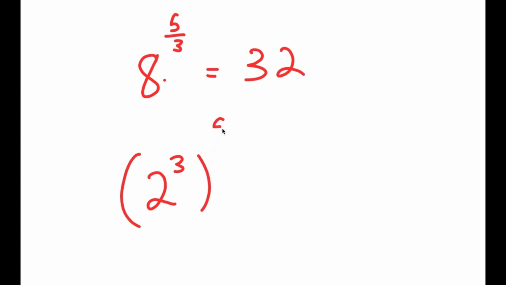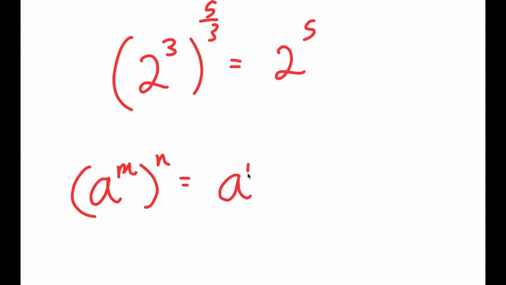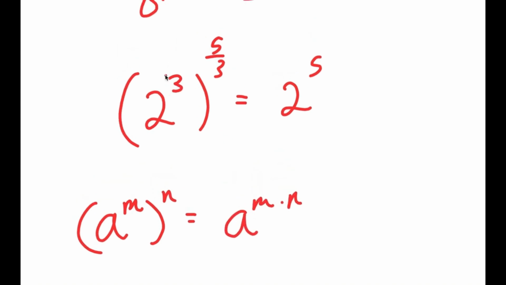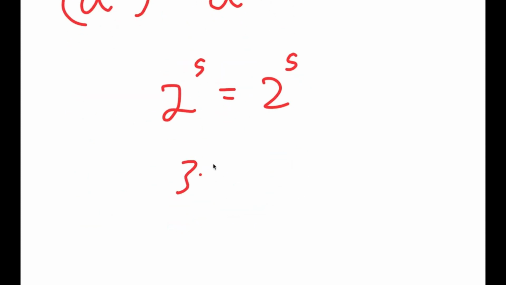So I get 2 to the power of 3 to the power of 5 over 3 is equal to 32, and 32 is the same thing as 2 to the power of 5. And if I have something in the form a to the power of m to the power of n, this is equal to a to the power of m times n. So these two 3's cancel out, and I get 2 to the power 5 is equal to 2 to the power 5, or this is the same thing as 32 is equal to 32.